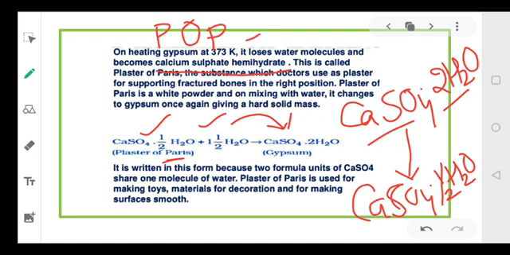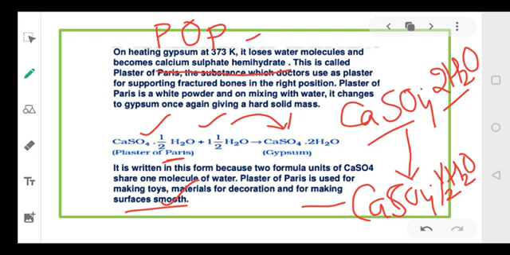We use POP for decorating our roofs, making certain flowers. Secondly, we use POP in the film industry for creating sets. Then we use plaster of Paris for making certain toys, for making our surfaces smooth.